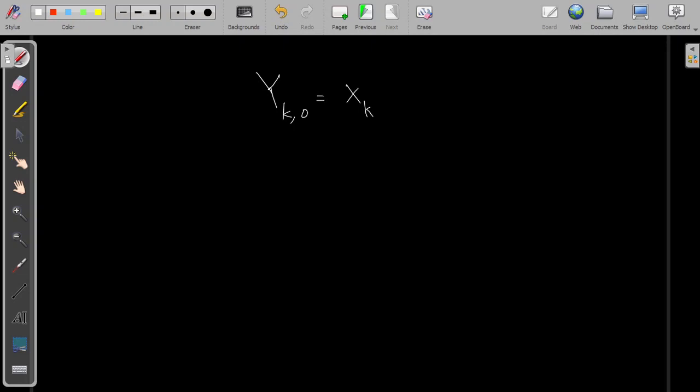In this case k is 1, so we are assigning this x1 equal to y10 in order to start the exploratory search. Okay, and in step 3 we will go for the exploratory search.